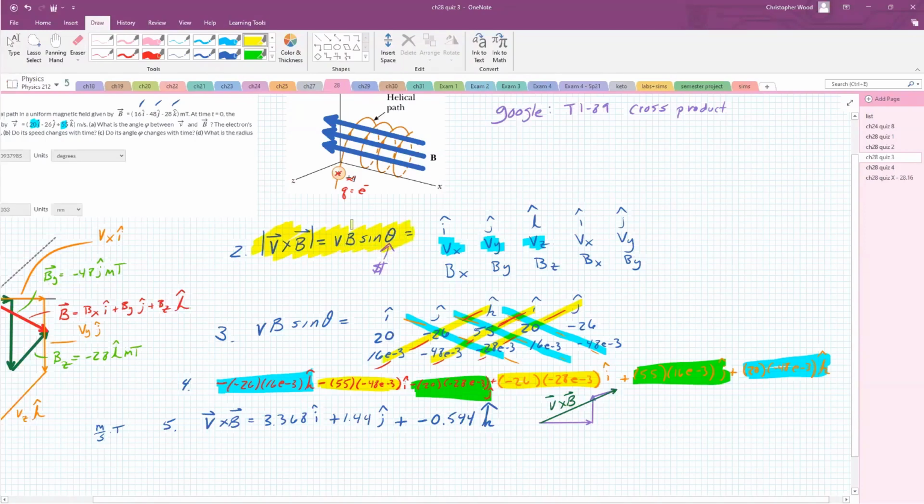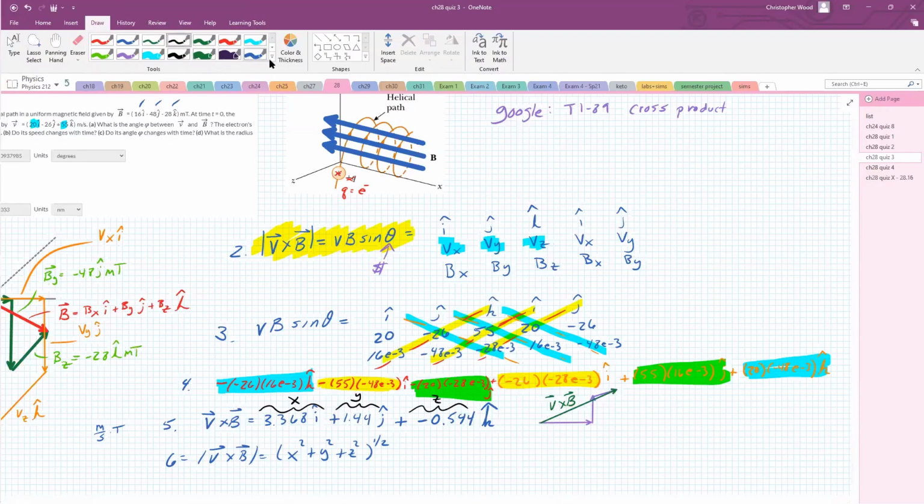So here's the magnitude of V cross B. It's going to equal the square root of the x component squared plus the y component squared plus the z component squared, where this is the x component of V cross B, this is the y component, and this is the z component.